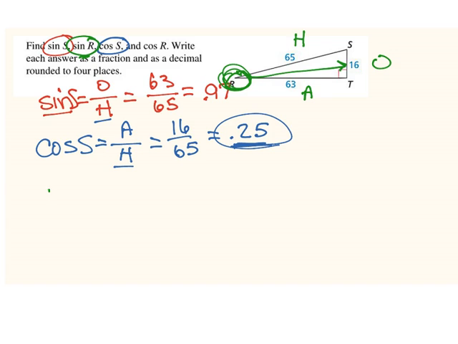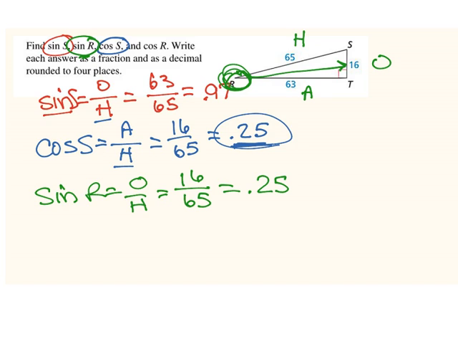And so the sine of R, still opposite over hypotenuse, but in this case it's 16 over 65, which we know is 0.25.